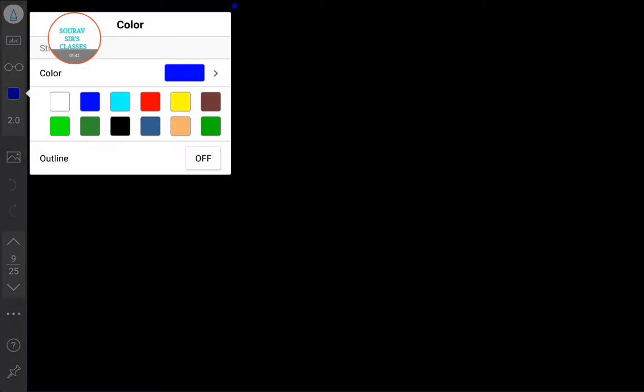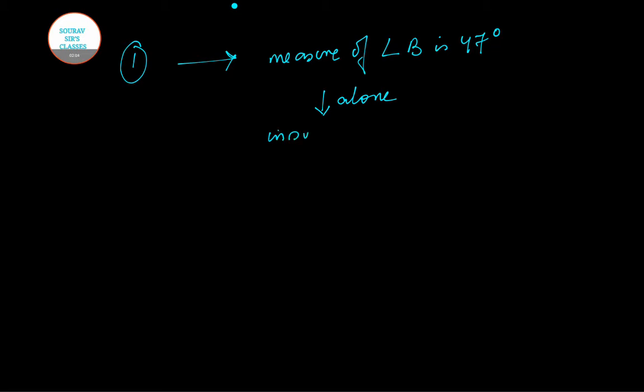Statement 1 says that the measure of angle B is 47 degrees. Now this alone is insufficient.